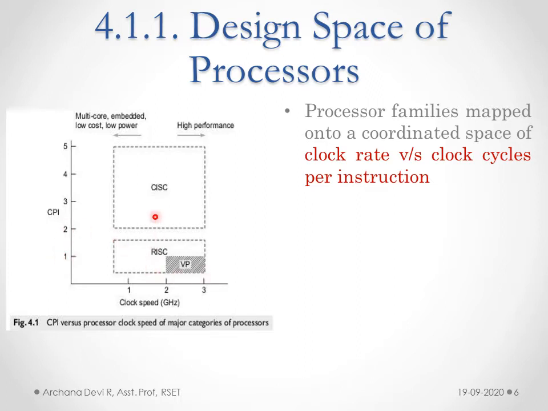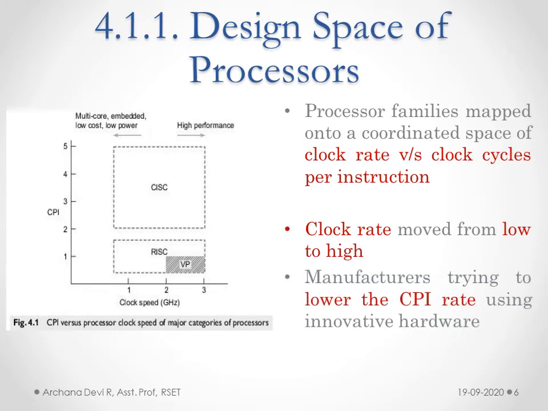And the clock speed varies, but normally CISC has lower clock speed, whereas RISC processors will have higher clock speed. So the clock rate is moved from low to high, and now the manufacturers are trying to lower the CPI. So the ultimate aim is to design a processor with lower CPI, because the clock cycles per instruction should be as low as possible to have better performance.